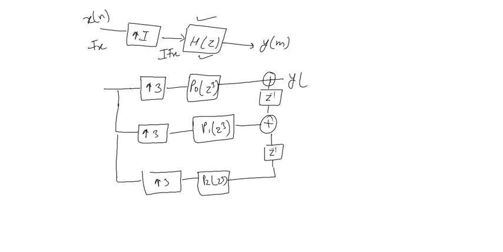And this will be your output y of m. Now using the noble identity we can interchange these upsampling and polyphase components. So when we use the interpolation identity, we can rewrite this structure as p0 of z, then upsample. So we are operating the filter at a lower sampling rate, right, and then we are upsampling.